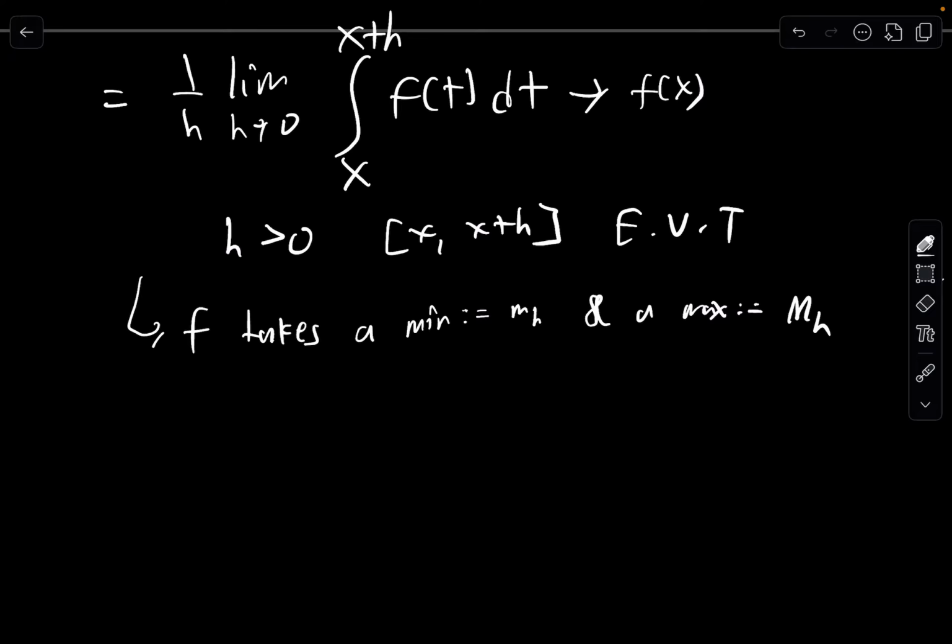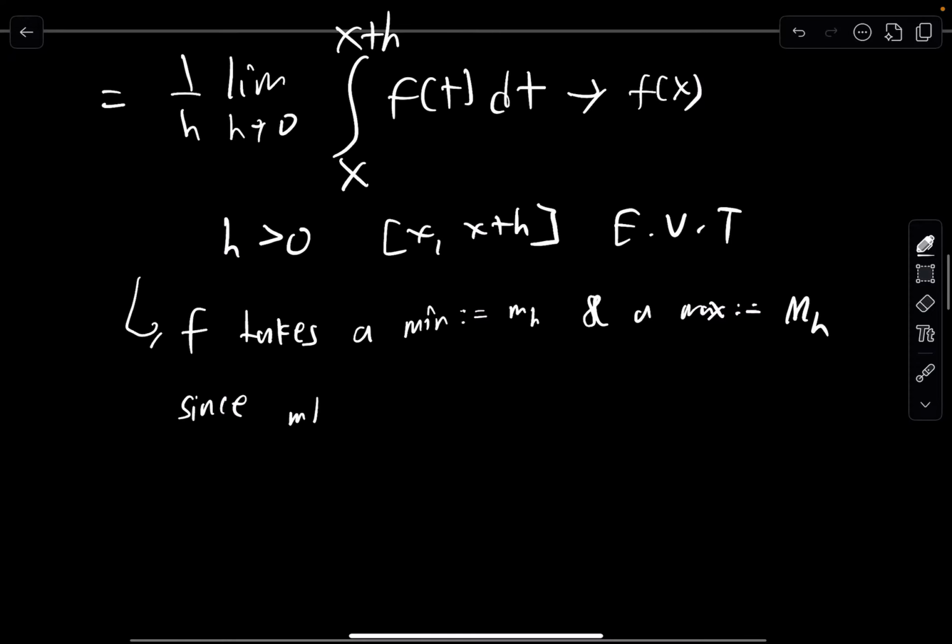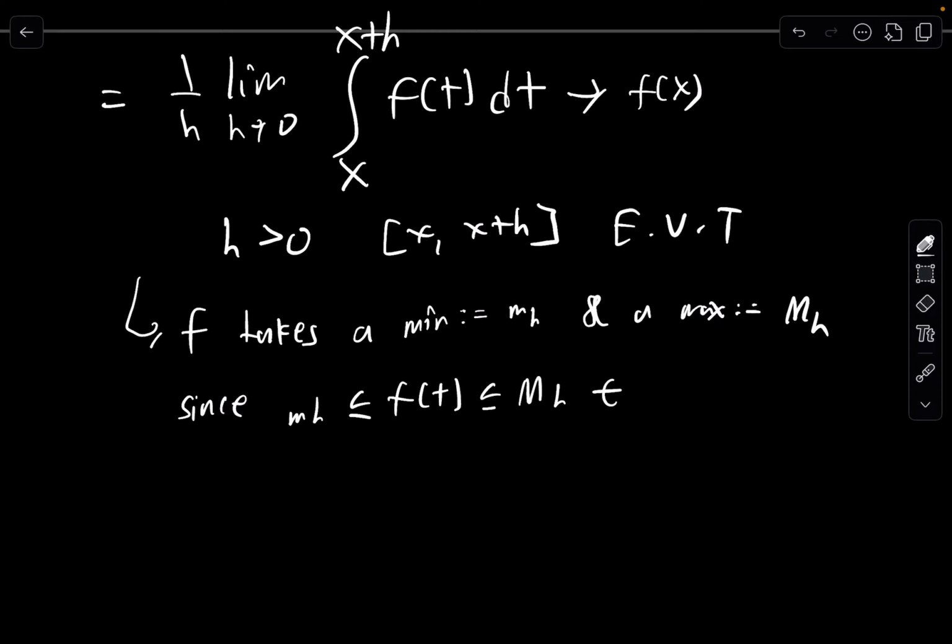So since the minimum m_h is less than or equal to f of t is less than or equal to the maximum M_h, on a maximum value on the continuous closed interval, on the interval from x to x plus h.